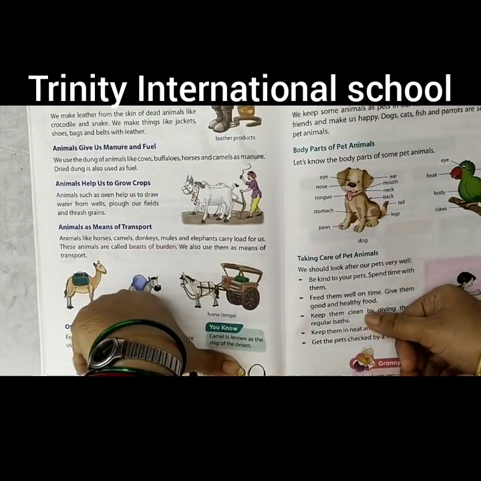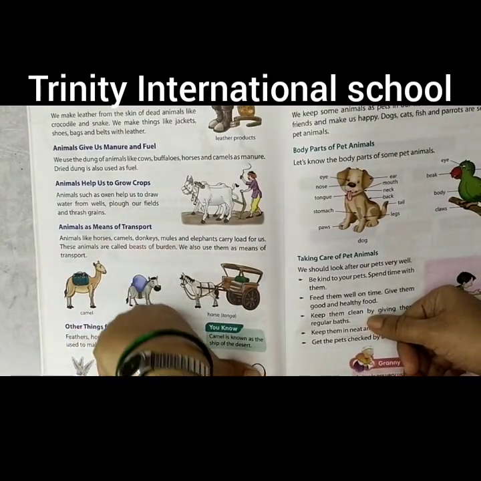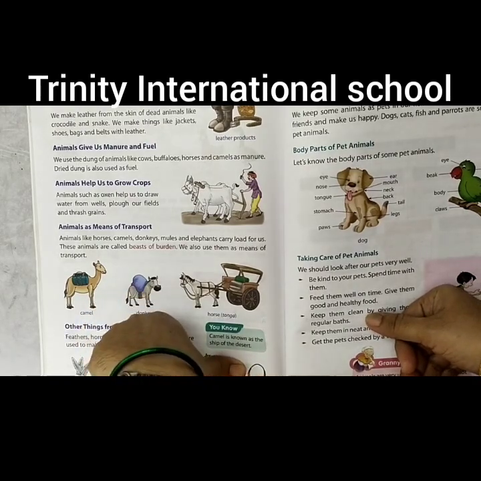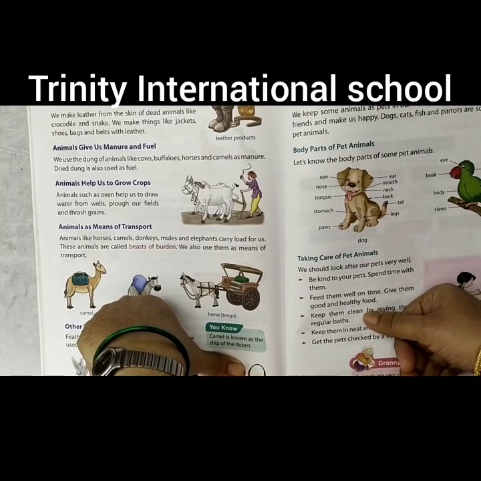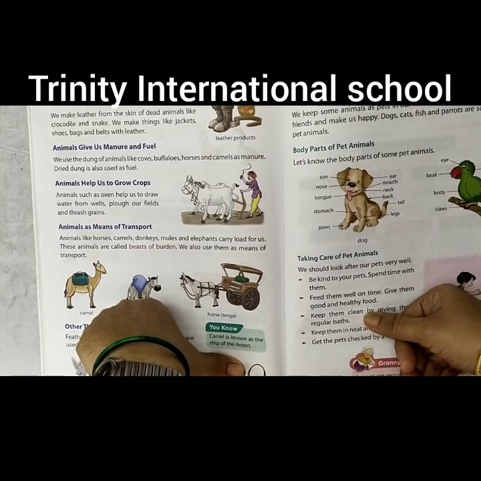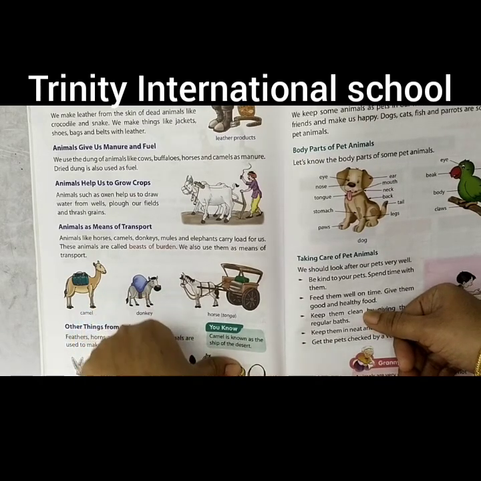Then animals are also helpful for growing crops. Animals are helping us to grow crops. How?